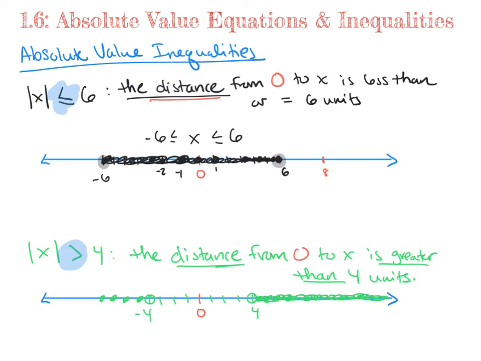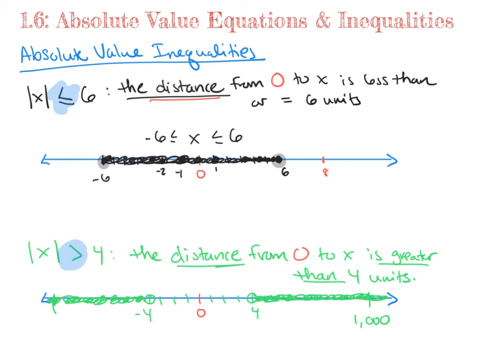It could go on forever, right? If x is way over here at 1,000, that certainly is farther away from 0 than 4 units. And if x is way over here at negative 10 million, that is definitely farther away from 0 than 4 units.